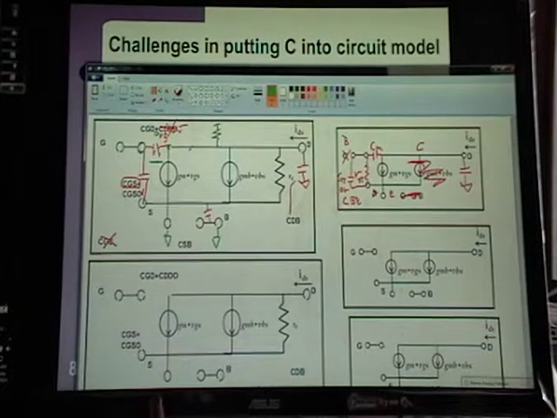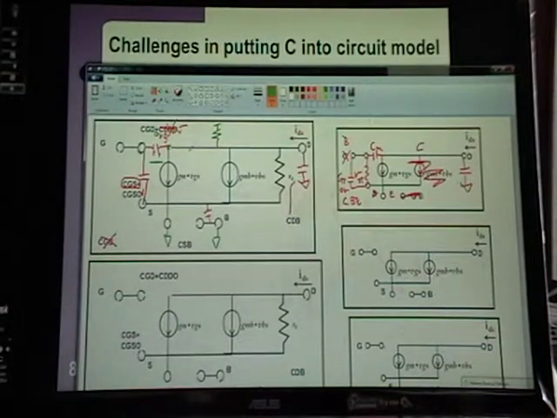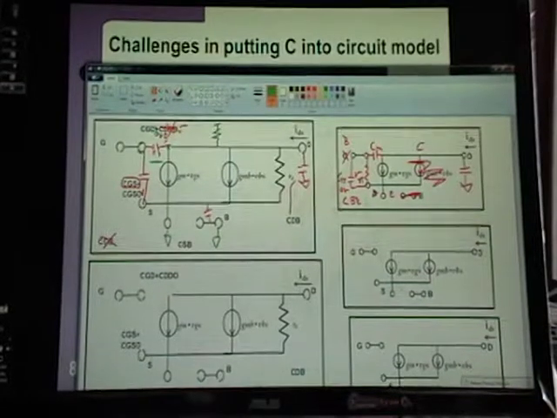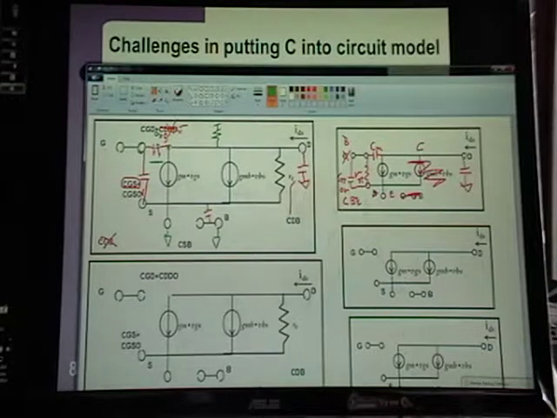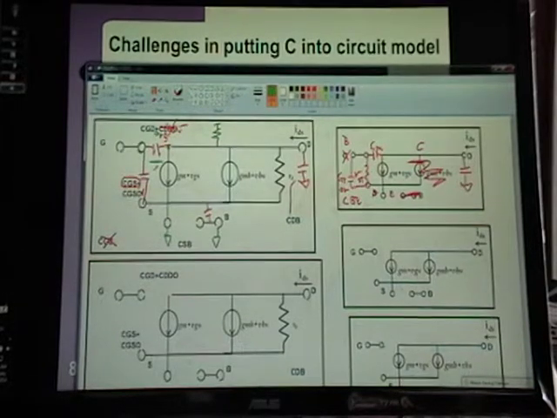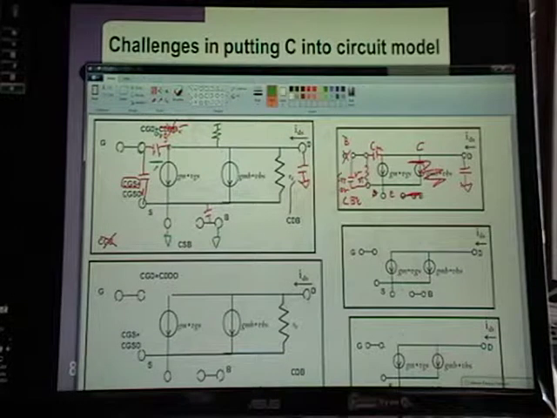Gate drain overlap in first video. Okay, so this gate drain overlap right here, we're putting these capacitances in, and then we're going to do some circuit analysis.